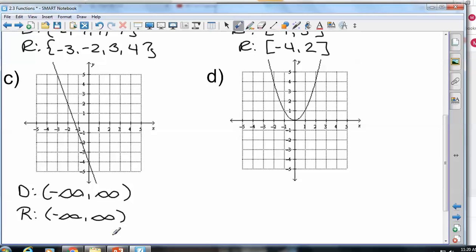Why don't you guys see if you can do the last one? What do you think your domain is?